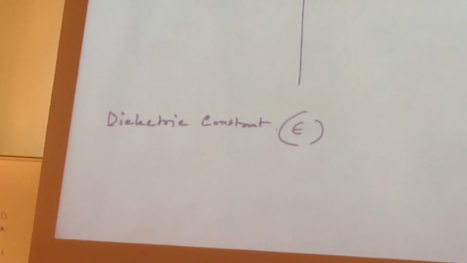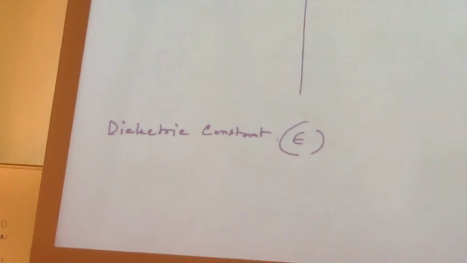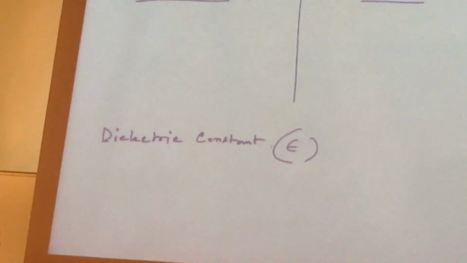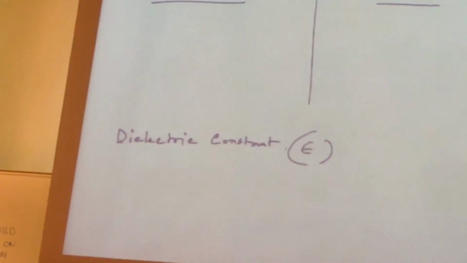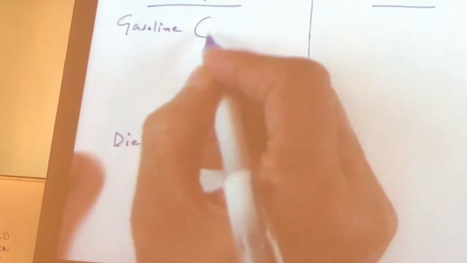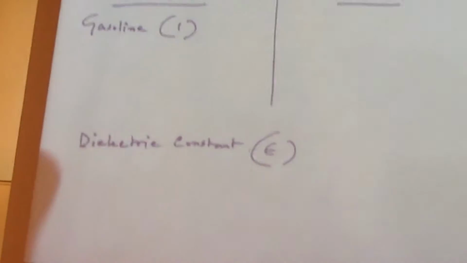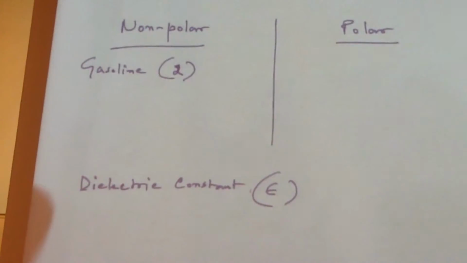So in vacuum, the dielectric constant is given a value of 1. And if you get a really non-polar solvent, like hydrocarbons, let's say gasoline. Sorry, gasoline is about 2.